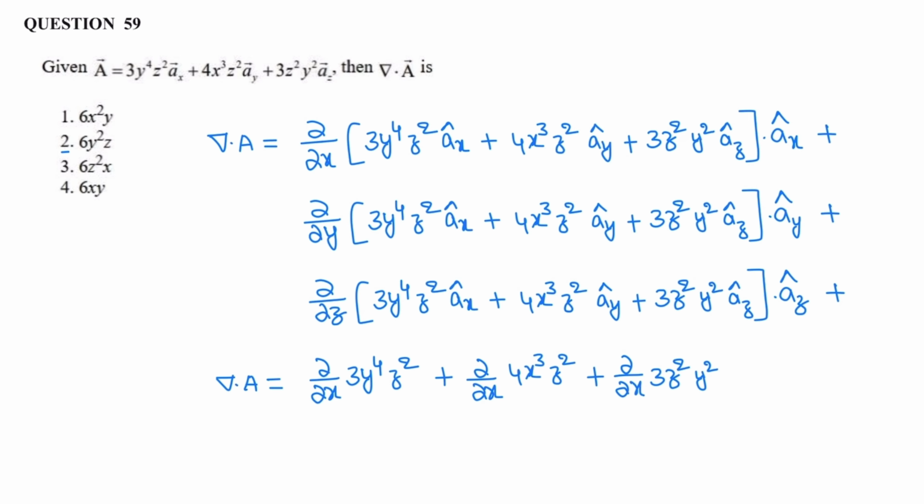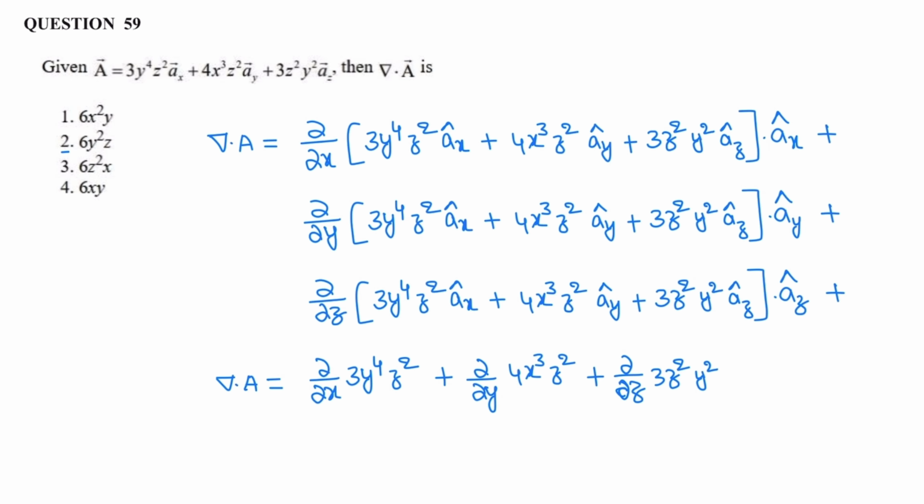On solving, we get d by dx, only this unit vector: ax cap dot ax cap is 1, ay cap dot ax cap is 0, 3y power 4 z square, plus d by dy of 4x cube z square, plus d by dz of 3z square y square.